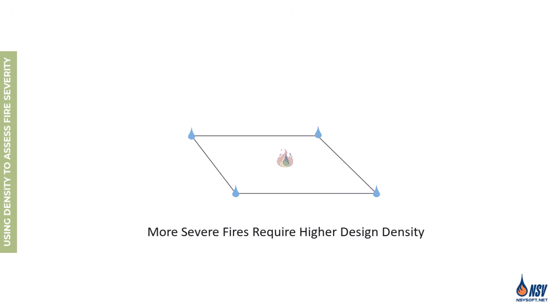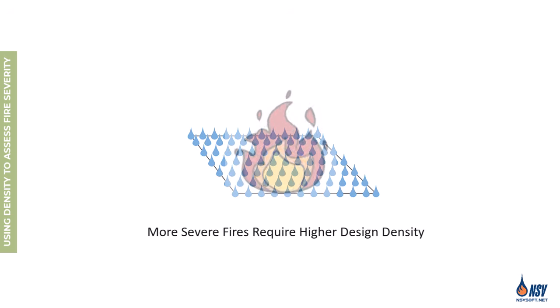As we explained at the beginning of this video, larger fires require higher design densities to achieve effective control. This principle allows us to use density values as a practical tool for comparing the relative fire severity of different materials and configurations.